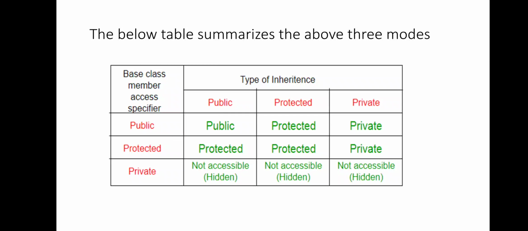If the base class member is public and the type of inheritance is protected, so it's protected. If the base class member is public and the type of inheritance is private, then it's private. For the protected, public and protected are protected, private is private. In the case of private, all are hidden or not accessible.